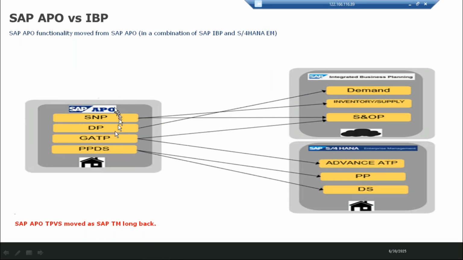Now, when they implemented SAP APO, they had almost 3,000 clients. Now SAP is expecting 6,000 clients for IBP, because with the new technology, earlier, if you had SAP ERP, only then APO would support it. Now this is going to support any of these things, and it's a cloud platform.